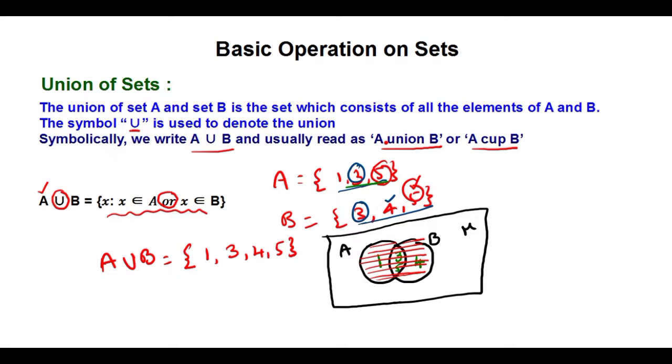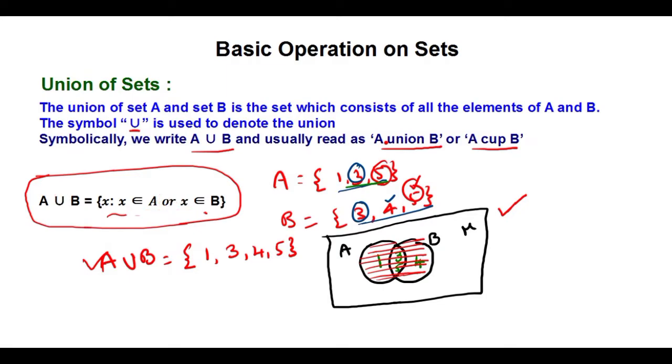That is the A union B Venn diagram, and this is the A union B example. And this is the set builder form of A union B. Now let us discuss the meaning of this set builder form. Observe: x belongs to A or x belongs to B is given, right?